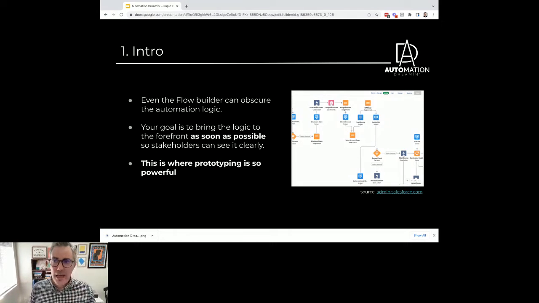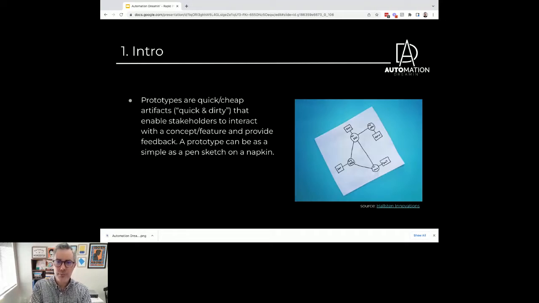Our goal as folks who are building automation is to bring the requirements and that business logic to the forefront as soon as possible so stakeholders can see it clearly and adjust it as necessary. And this is where prototyping is so powerful. Prototyping is, we like to call it, a quick and dirty artifact that enables stakeholders to interact with a concept or a feature and provide feedback quickly.